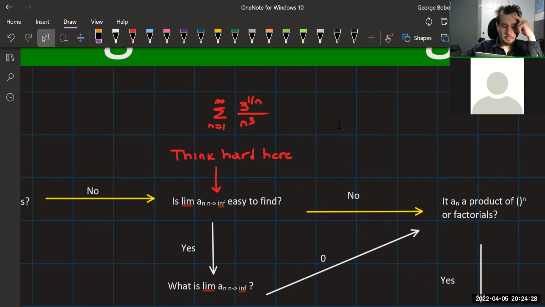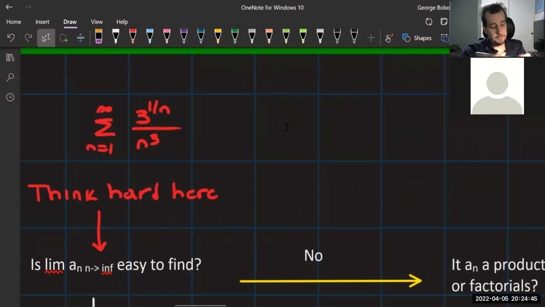Okay, but here's the thing. This goes to 0, right? The numerator here goes to 0 when we plug in n goes to infinity, because that exponent, think about it. 3 to the 1 over infinity, okay? This means that we're basically raising 3 to the power of 0, correct? Yeah. Okay.